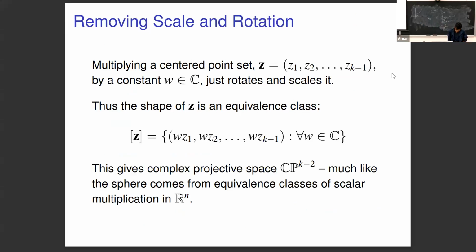So now we have seen that multiplying by a constant omega, let's not say omega, it's w, something like this, if it's any omega in the complex plane, will rotate and scale your original vector, right?